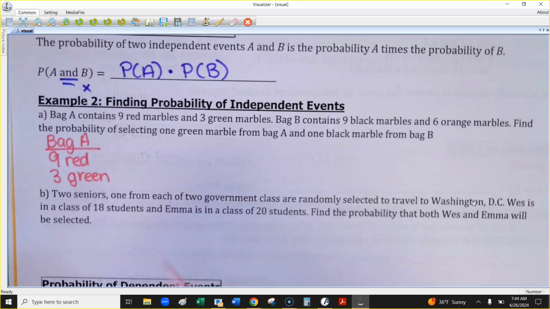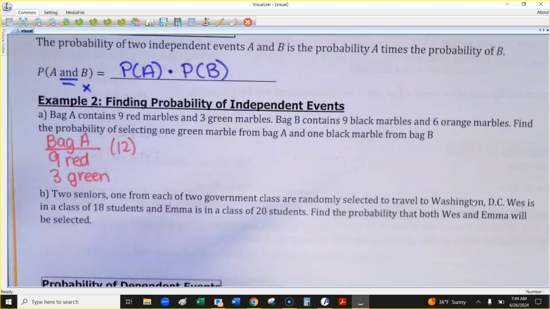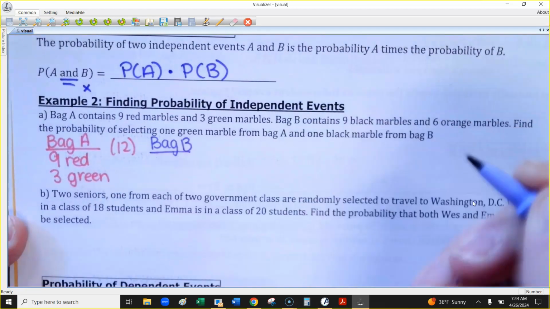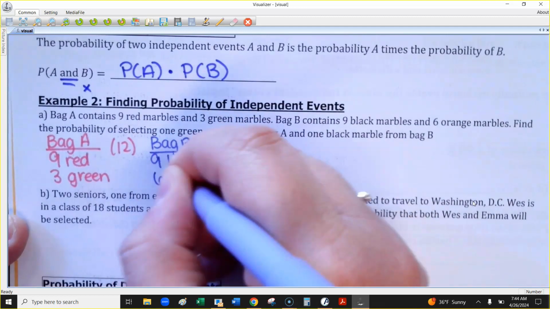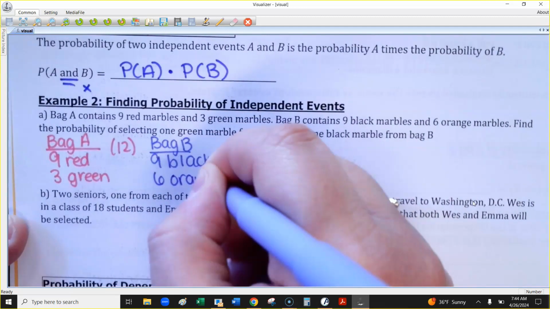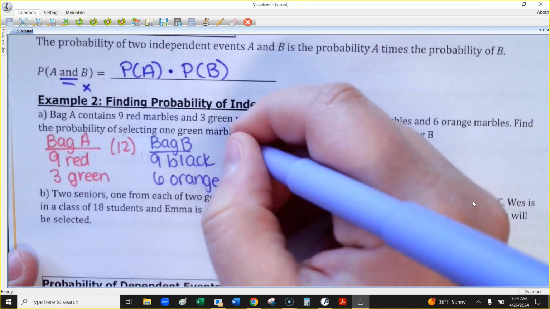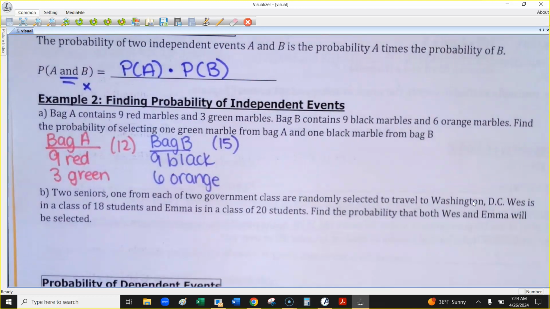Now we have bag B, a separate bag, and it has 9 black marbles and 6 orange. How many total marbles in the second bag? 15, right? 6 and 9. These are independent because you have two separate bags. We're going to draw a marble from each.